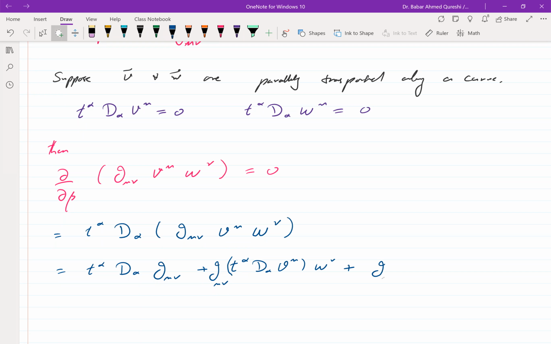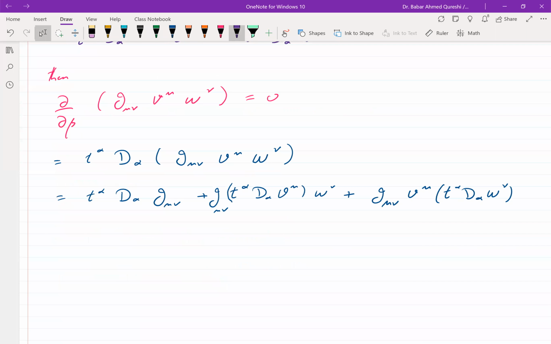Doesn't matter. T alpha D alpha W nu. But since they are being parallelly transported, this guy is 0 because V is being parallelly transported, and this guy is 0 because W is being parallelly transported.